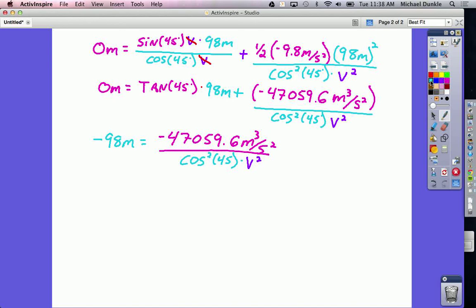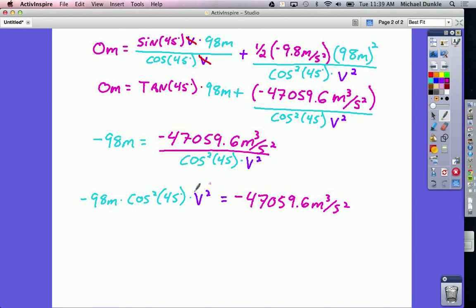So I'm going to multiply my cosine squared 45 and v squared to the other side. So I'll get negative 98 meters multiplied by cosine squared 45 degrees times the velocity I'm looking for, squared. And that's going to equal my negative 47,059.6 meters cubed per second squared.